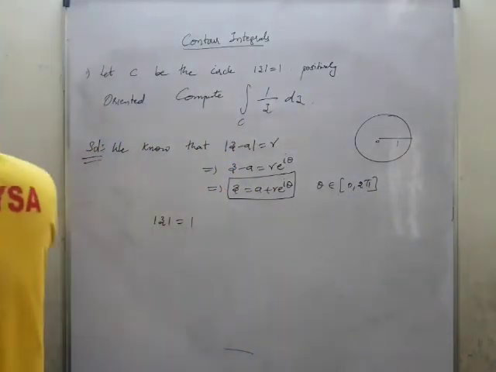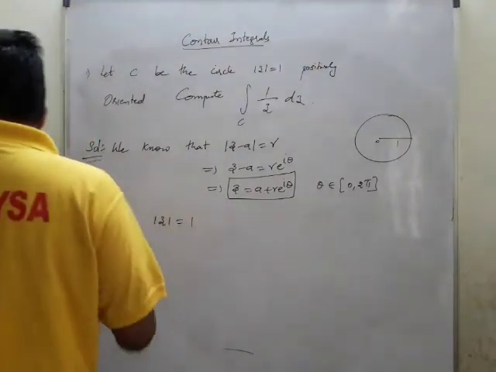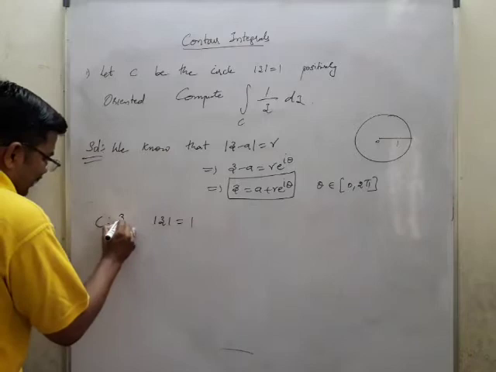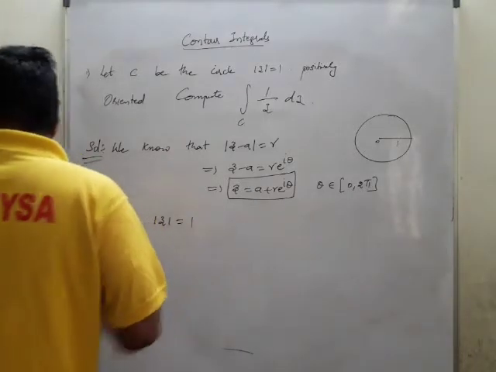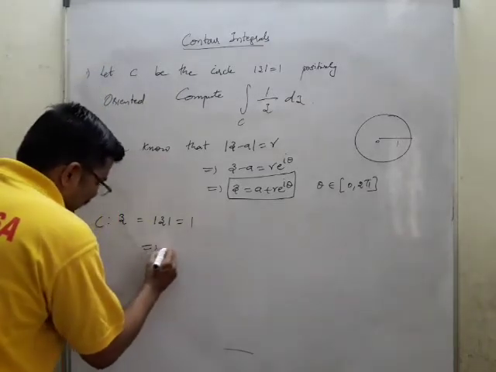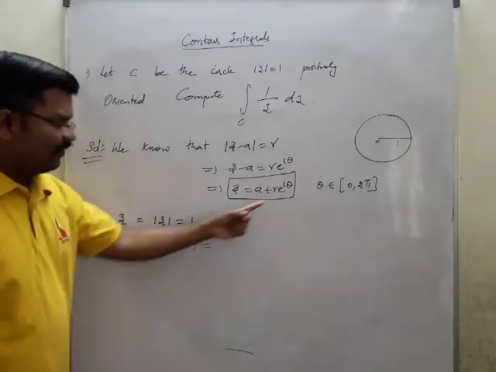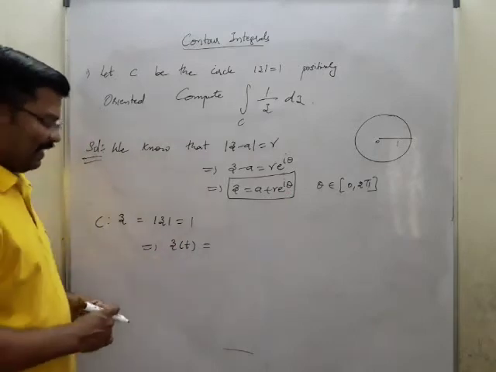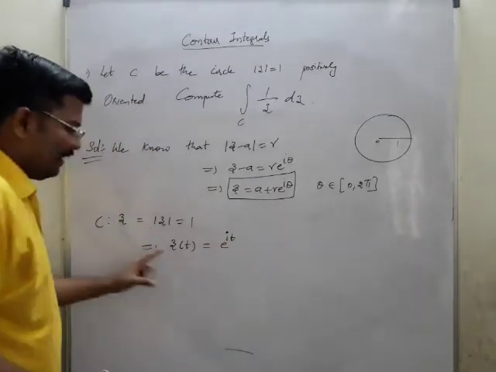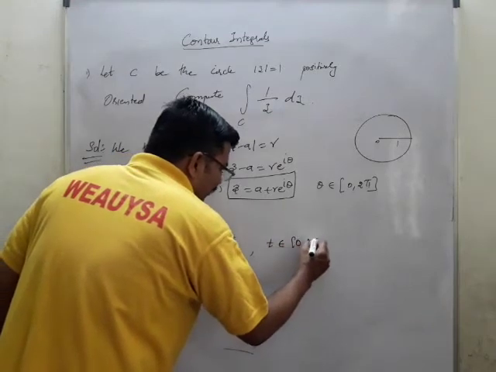So what is given is mod z is equal to 1. I may write this as C, and so I may write z of t is equal to e power i t, where t belongs to 0 comma 2 pi.